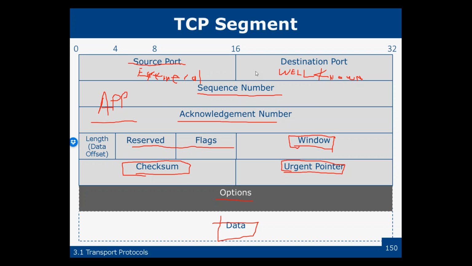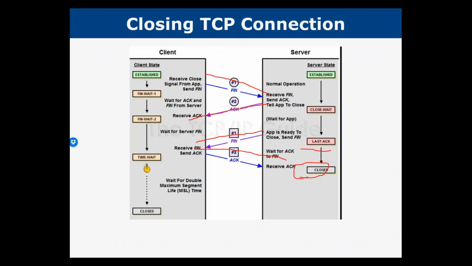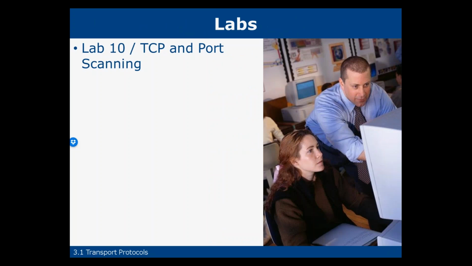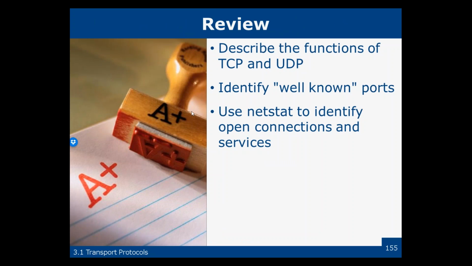So what we got here is 1, 2, 3, 4, 5 times 4, 20 bytes. 8 bits is a byte, right? So we have 8 bits here, so we have 4 bytes on each of these lines, 5 lines, 20 bytes.